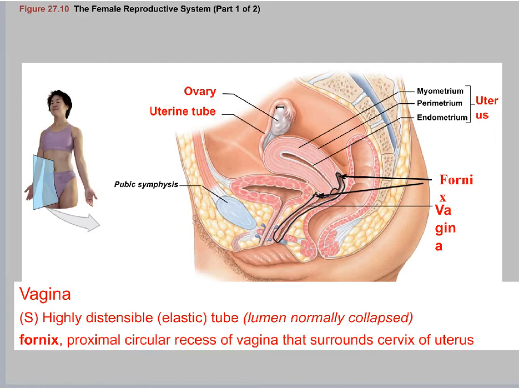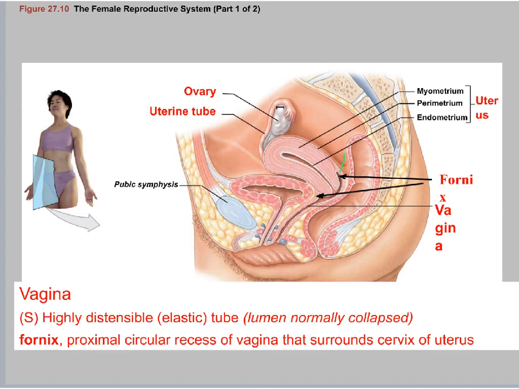Remember, this is a passageway to the external environment, and most passageways of the human body that are exposed to the external environment are collapsed unless something is passing through it. One of the notable features here that assist during labor are what are called the fornices. Fornix would be singular. Let me erase what I drew earlier here, and I'll show you the fornices.